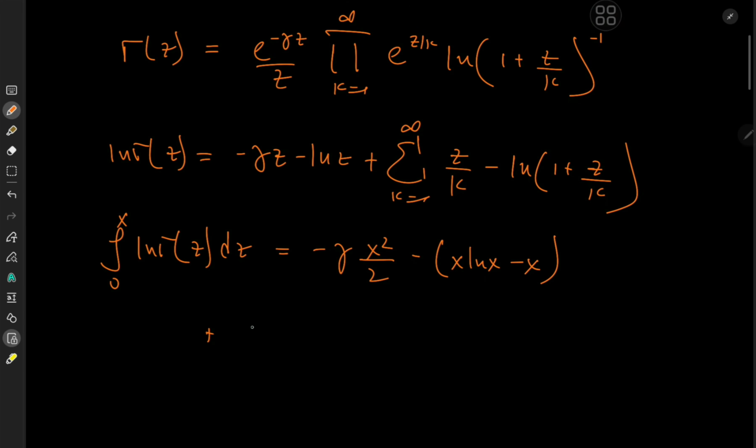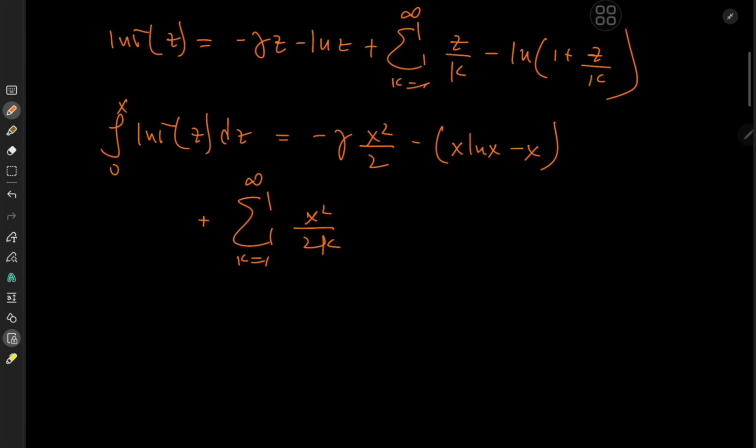And now for integrating term by term in the infinite series. Well, this gives us, first things first, x squared over 2k. And now what about the logarithm? Here, I'm going to invoke Dr. Payam's trick for integration by parts. We have the integral of log(1 plus z over k), and I'd like to expand using 1 over k times k, because 1 over k is the derivative not just for z over k, but also for 1 plus z over k.